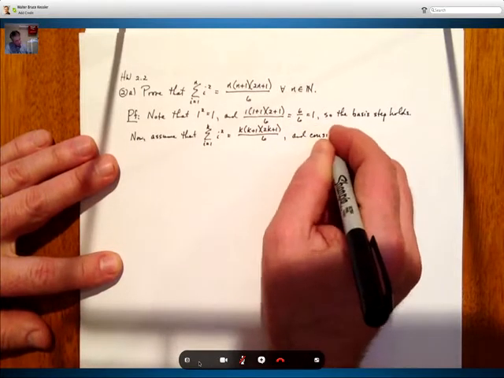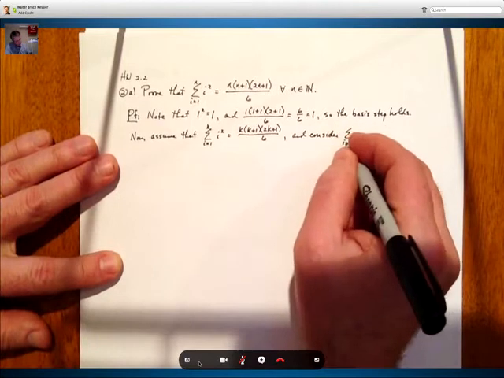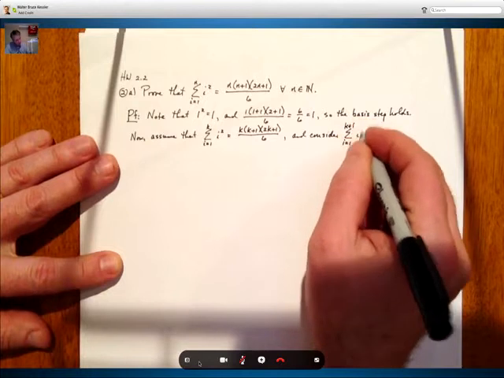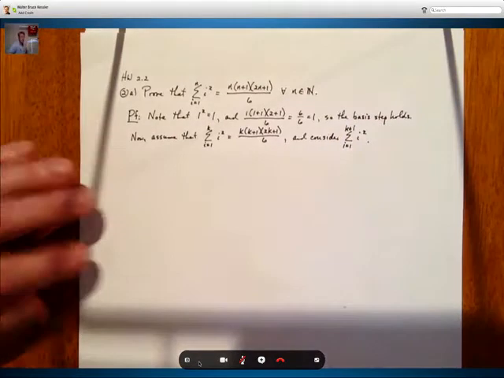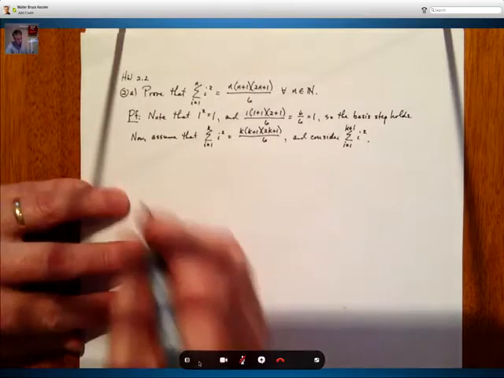And let's consider the sum as i goes from 1 to k plus 1 of the i squared. Now what we're going to do is peel out that last term, that k plus 1 term, and use what we know about the first k terms to help figure this out.